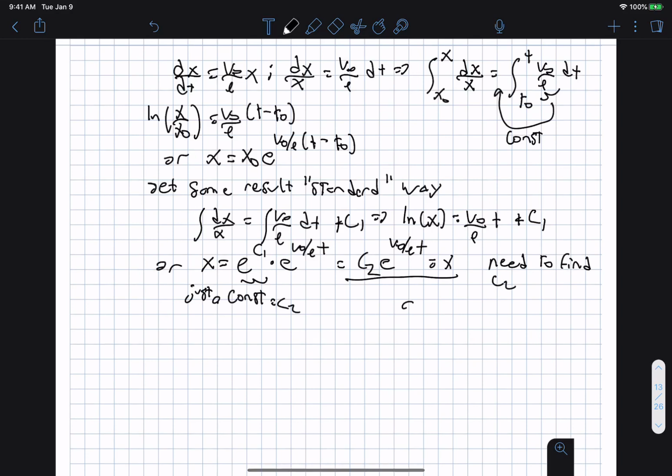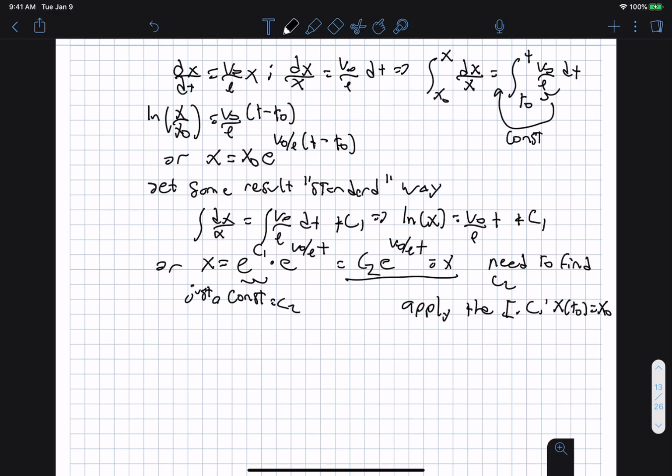Well, we can apply the initial condition that x equals x naught at the release time t naught. Let me rewrite that: x at time t naught equals x naught.